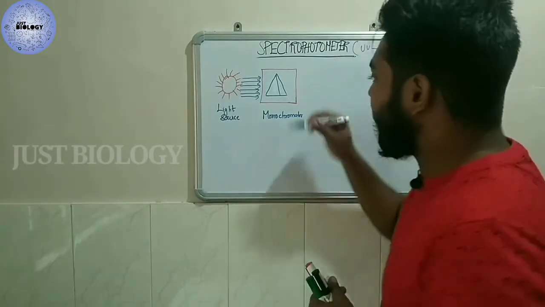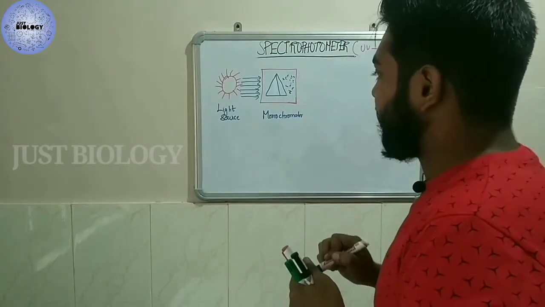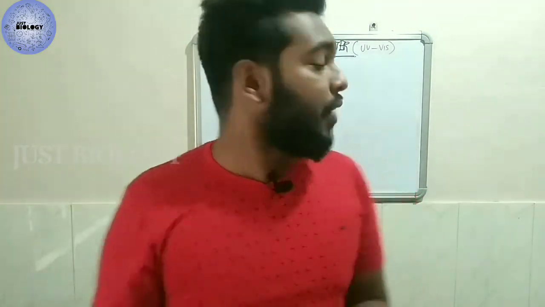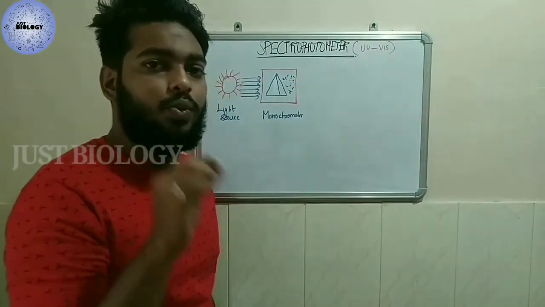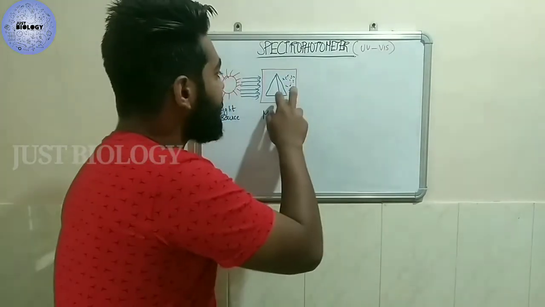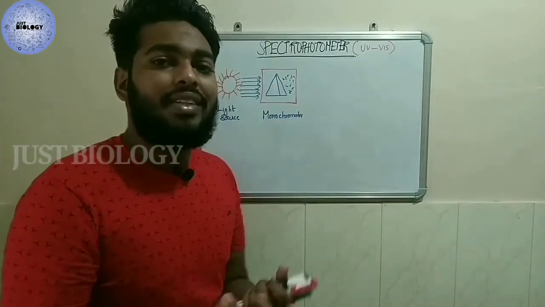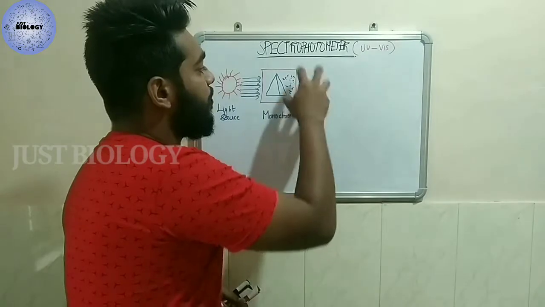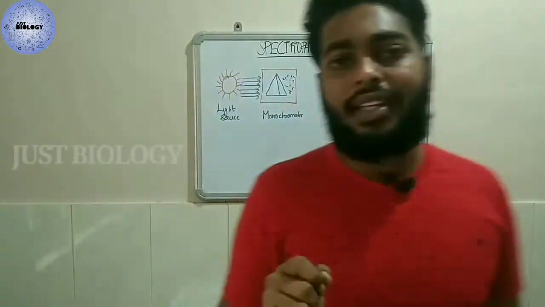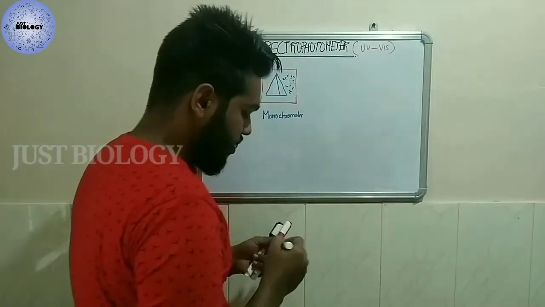So you will get different bands of light here. From those clusters of light, only a particular light will be allowed. So that is the idea. Here in the diffracted light, you can see many lights with various wavelengths present inside the monochromator. From those, only a particular wavelength of light passes through to the next chamber.